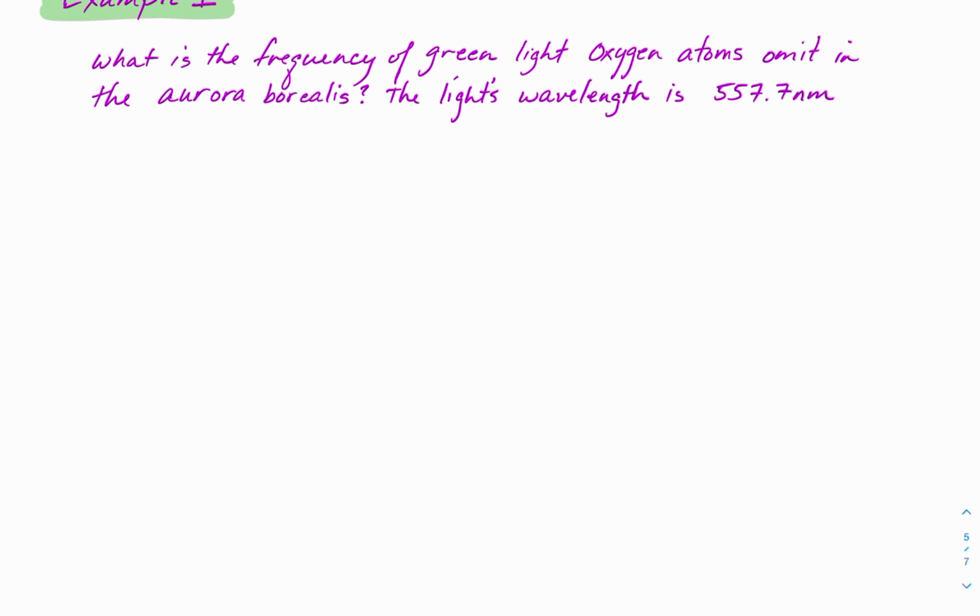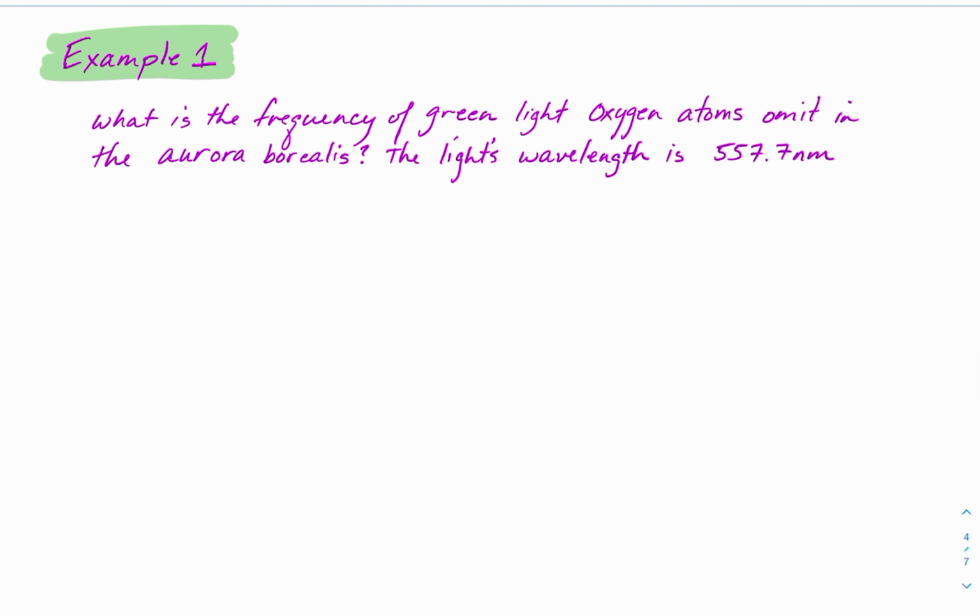So let's move to example problem number 1. This example problem states: what is the frequency of green light that oxygen atoms emit in the aurora borealis?